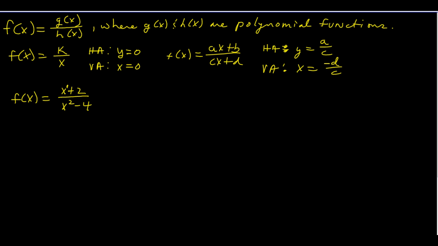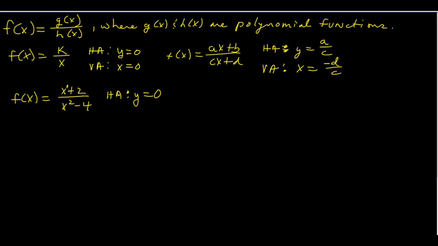Just like the original reciprocal function, anytime the degree of the numerator is less than the degree of the denominator, you're going to have a horizontal asymptote at y equals 0, or the x-axis. That will always hold true when the degree of the numerator is less than the degree of the denominator.